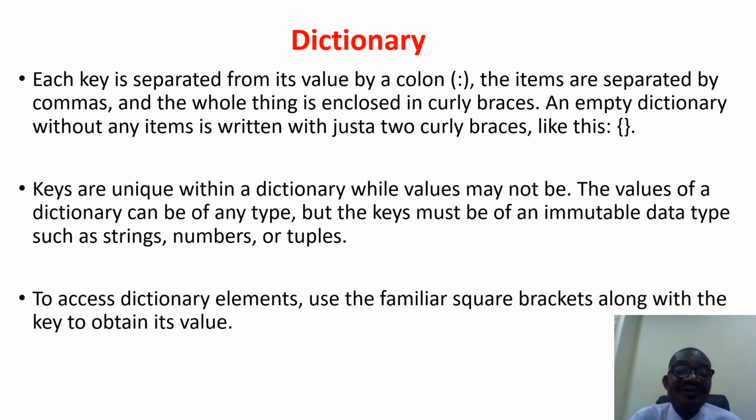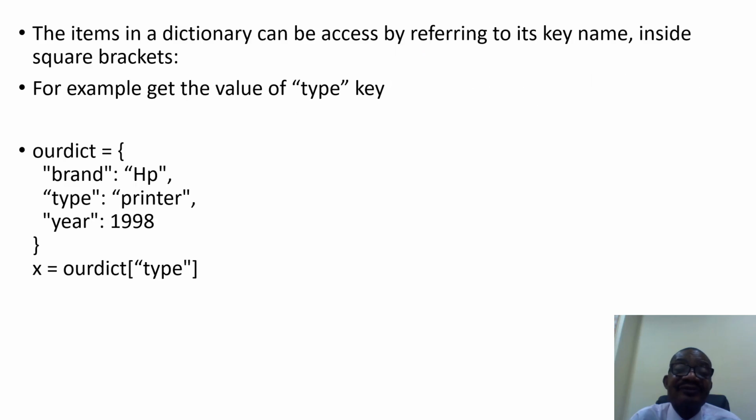Keys are unique within a dictionary, while values may not be. The value of a dictionary can be of any type, but the keys must be of an immutable data type, such as strings, numbers, or tuples.